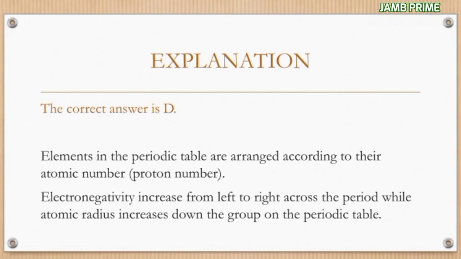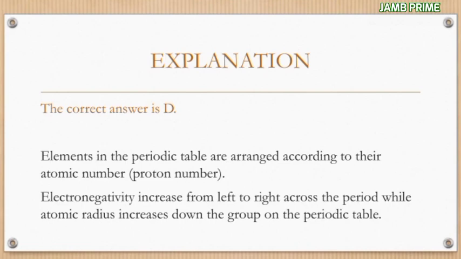You should also note that electronegativity increases from left to right across the period, while atomic radius increases down the group on the periodic table. Note how to know a period or a group.